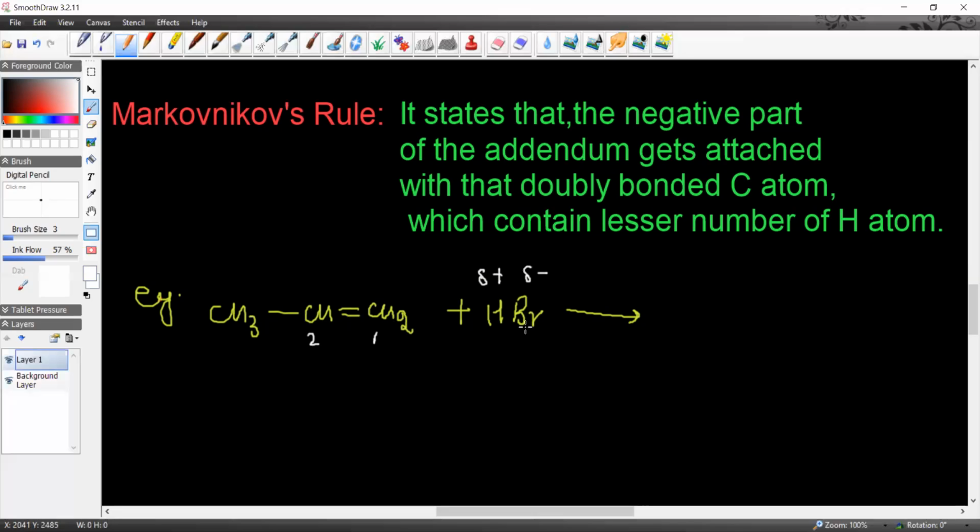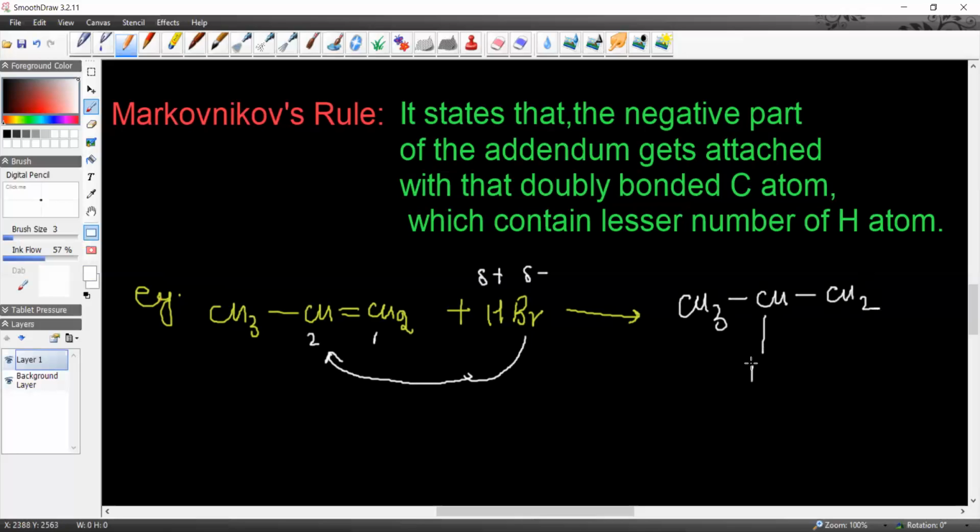So according to this rule, we have to attach the bromine atom to the second carbon atom. So what we have is CH3-CH-CH2.